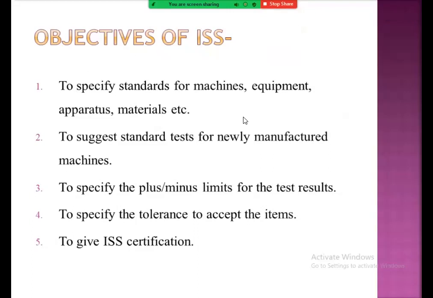Third, to specify the plus minus limits for the test results. Fourth, to specify the tolerance to accept the items. Fifth, to give ISS certification. These five are the roles of the Indian Standard Bureau.